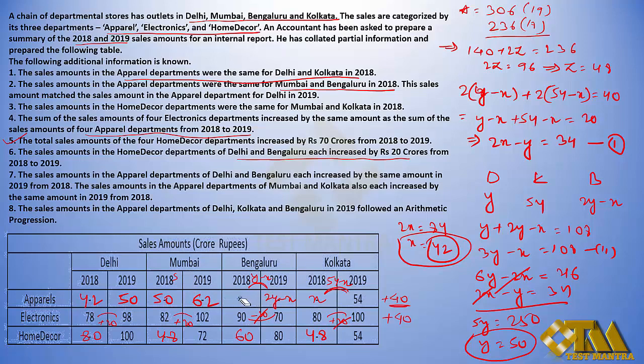Then here again y value is 50, x value is nothing but 42, and 2y minus x, so 100 minus 42, it's basically 58, right? So this figure will be nothing but 58 here. So these are the informations available. So once I have these informations available, I can directly move to the questions. It will be easy for us to work on the questions there.